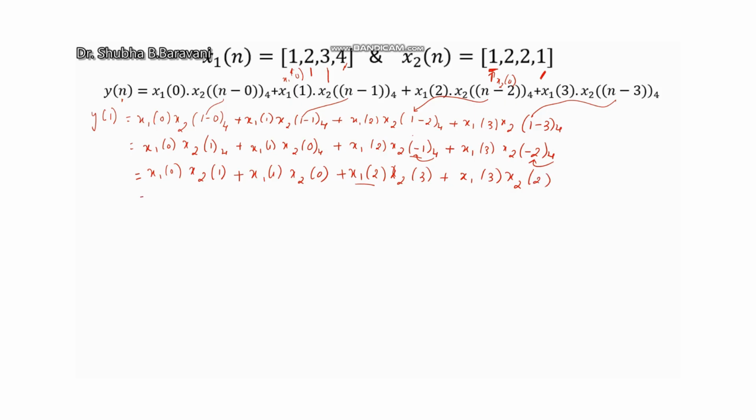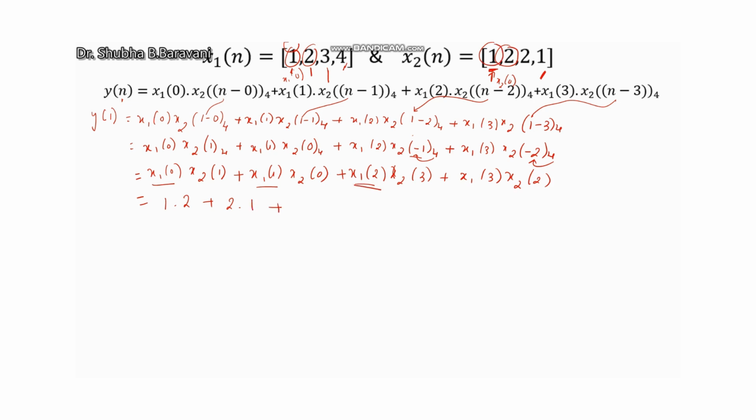Right? So we'll substitute. x1 of 0 is 1, into x2 of 1, which is 2, plus x1 of 1 is 2, x2 of 0 is 1.